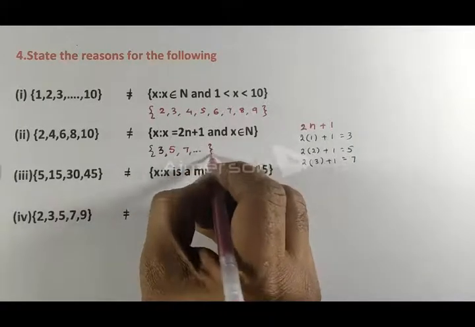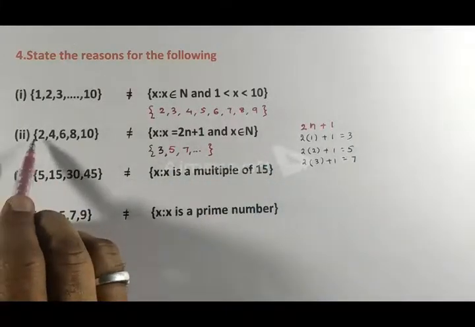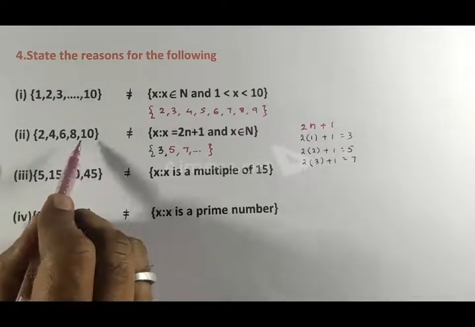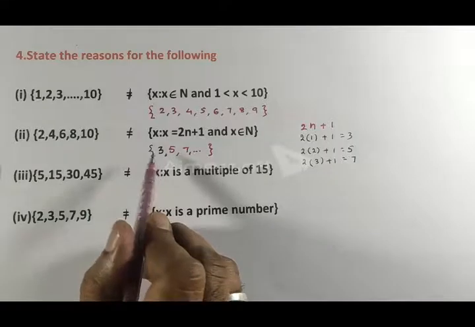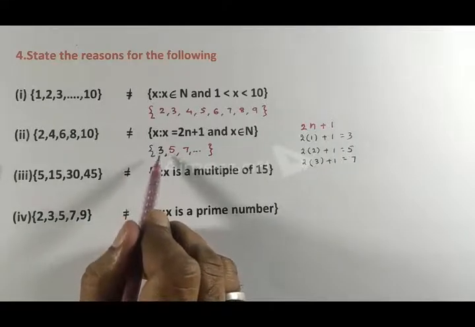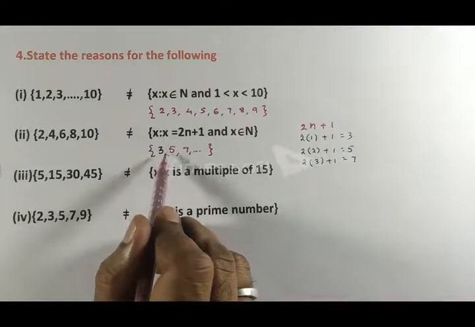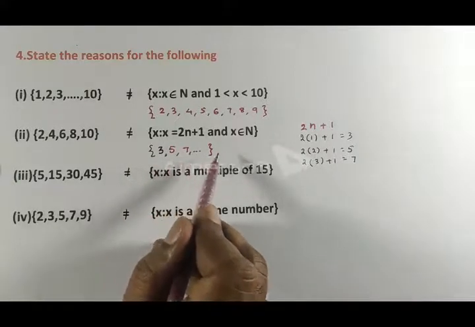So the first set 2, 4, 6, 8, 10 is not equal to the second set, because the second set contains all the odd elements 3, 5, 7 and so on.